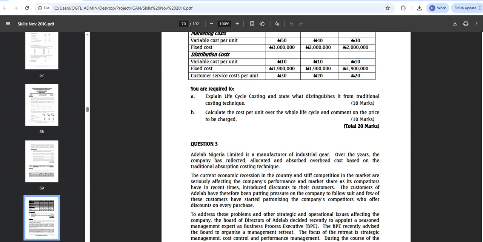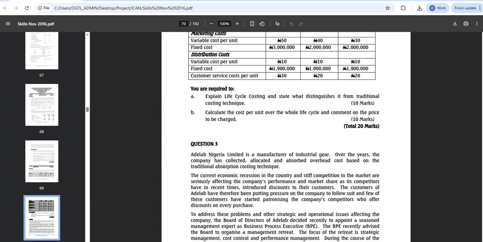Yeah. So all those costs now. Another thing is that even with the pre-operational expenses, your fixed cost will just be identified for a period and usually classified as a single cost, right? But life cycle costing will tell you that no, your fixed cost is different.